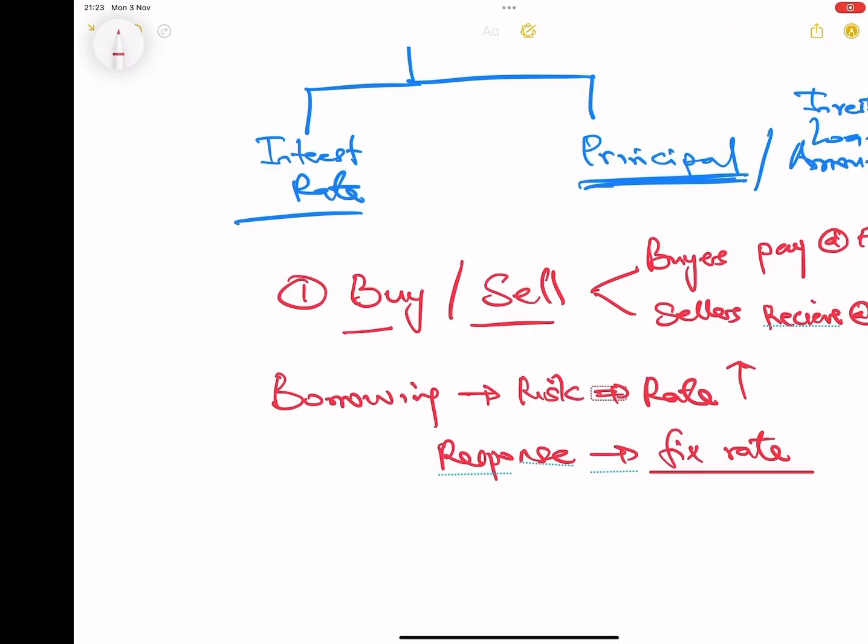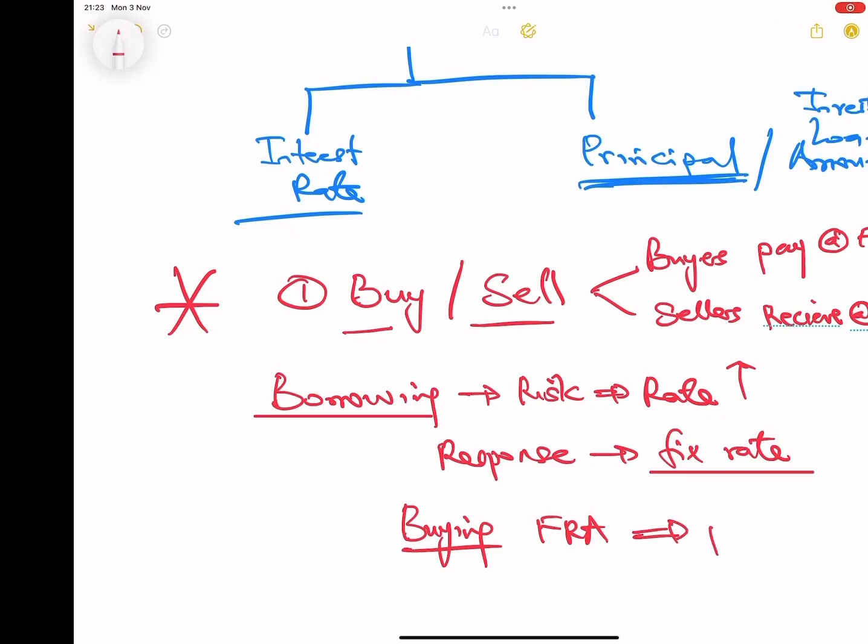So if you think about this, then you can see that if you have a borrowing, then it means that you need to be buying FRA, such that you pay at your fixed rate.